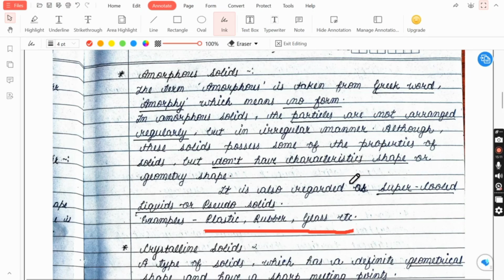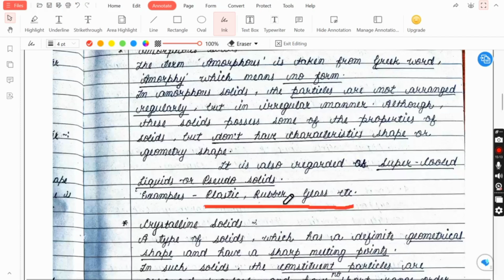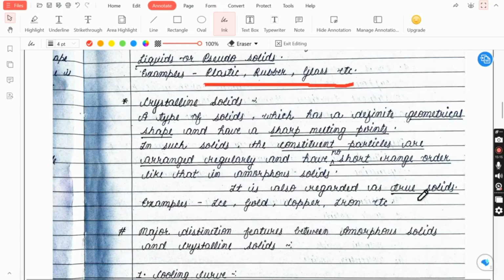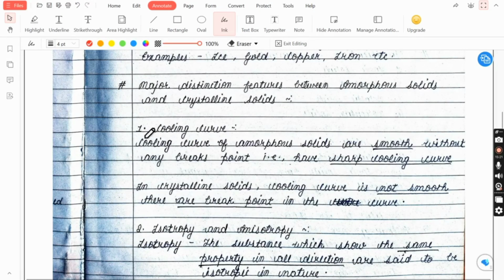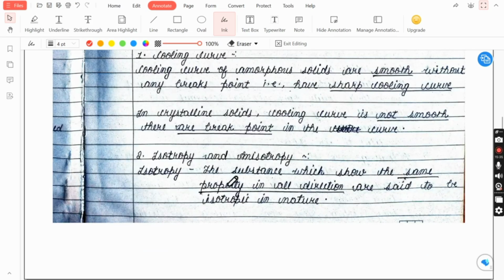Amorphous solids are also known as super cooled liquids or pseudo solids, and crystalline are true solids. Then on the basis of various properties we differentiated the cooling curve: amorphous have no sharp cooling curve, while crystalline have a sharp, broken cooling curve. Crystalline are anisotropic, amorphous are isotropic.